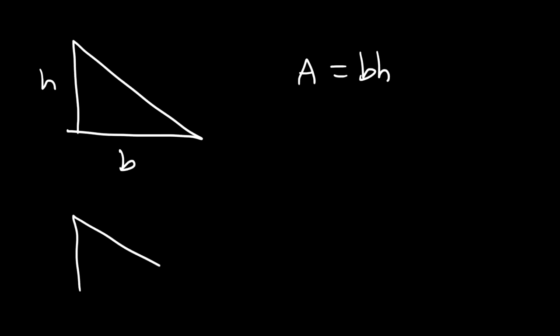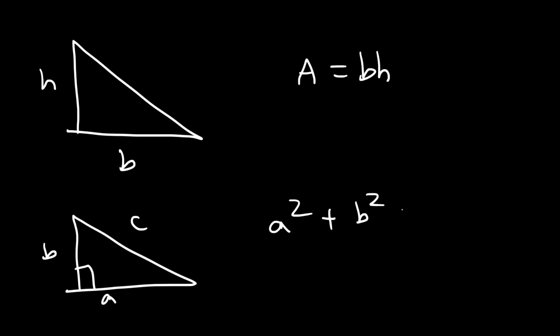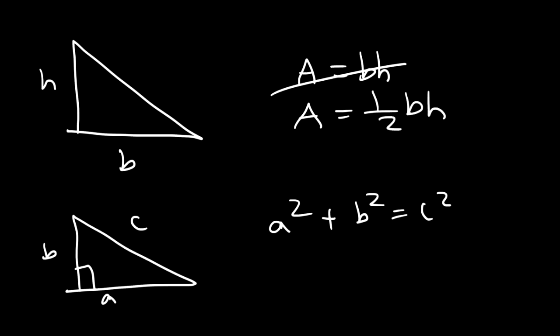Next, if you have a triangle, the area of a triangle is 1/2 base times height. And if you have a right triangle, if you need to find the missing side, you can use the Pythagorean theorem.